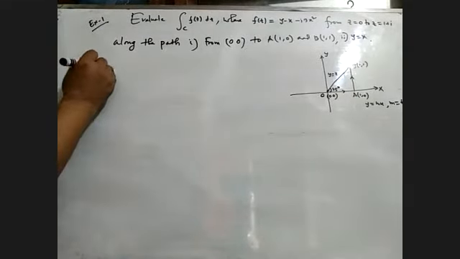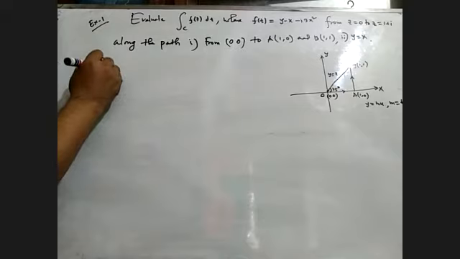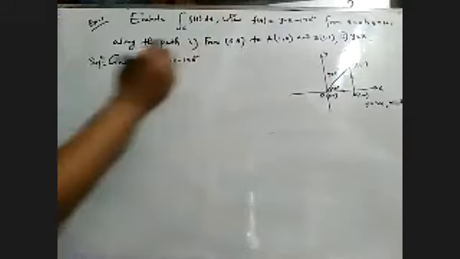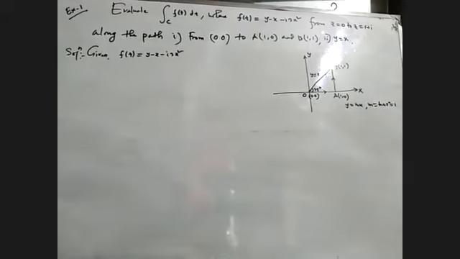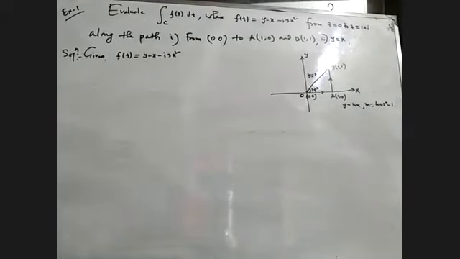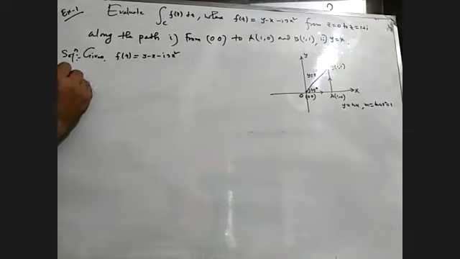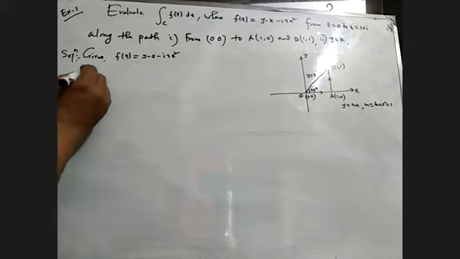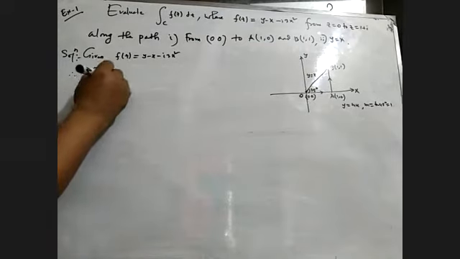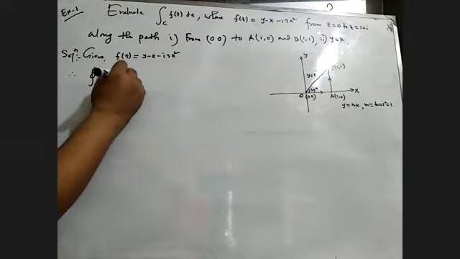So the solution: the given curve equals y minus x minus i 3x square. This is the given curve. So you have to find the contour integration along the path C, f of z dz.